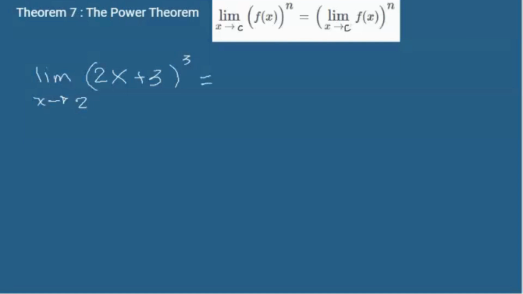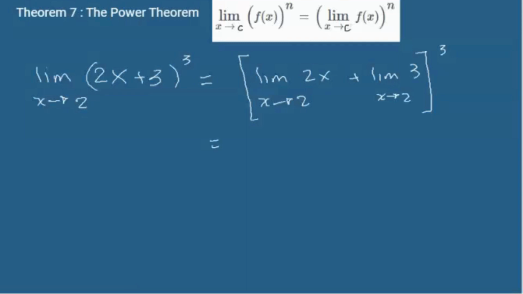Applying the power theorem, so this is equal to the cube of the limit of 2x, let's separate 2x plus 3, as x approaches 2, plus the limit of 3 as x approaches 2.